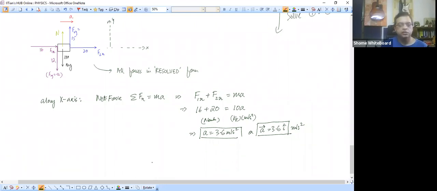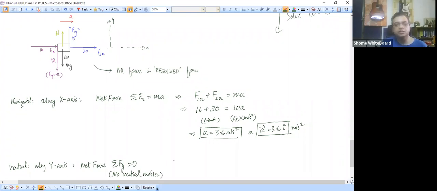Okay. Now, along the vertical, along the y-axis, our net force, that is summation Fy, should be 0 because there is no vertical motion. The block is sliding along the horizontal ground.